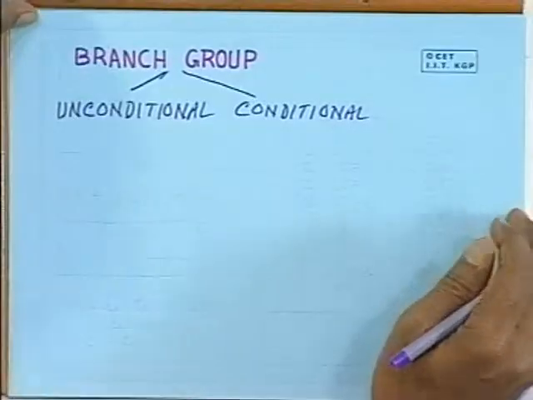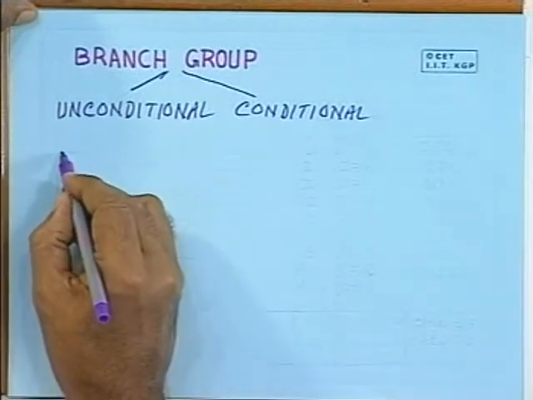Whenever you finish fetching an execution of an instruction, the program counter is automatically incremented to point to the next instruction. So, the program counter supplies the next instruction address in normal instruction execution. But there are situations where the instruction has to come from some other point. In other words, you would like to deviate from the normal instruction execution flow. You would like to execute from some other location. In such cases, you will require this branch group of instructions.